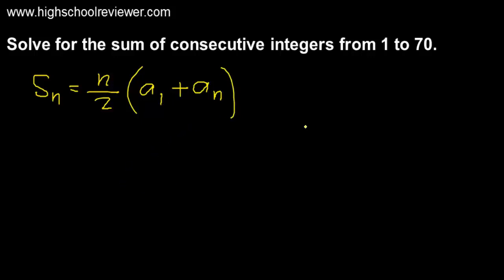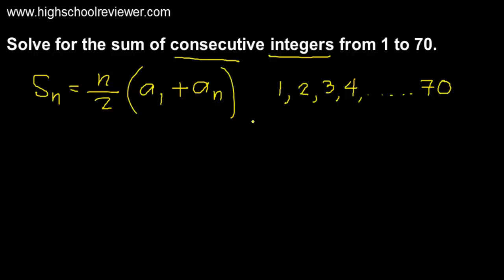Based on our problem, we have consecutive integers. These numbers are positive 1, 2, 3, 4, and so on until the last integer, which is positive 70.